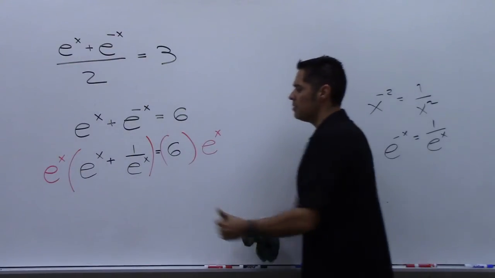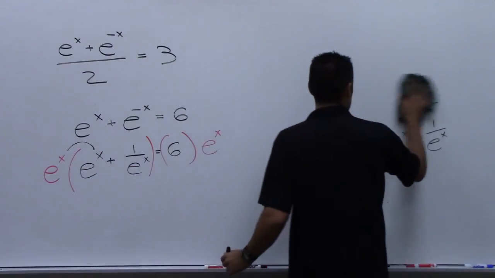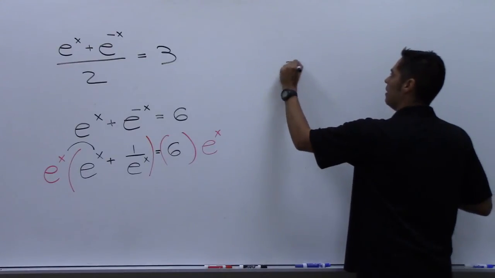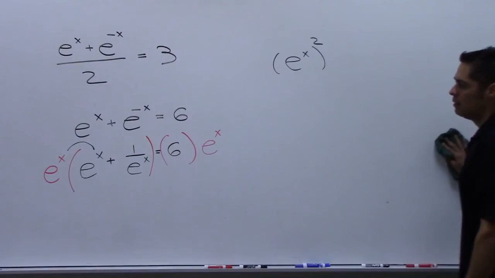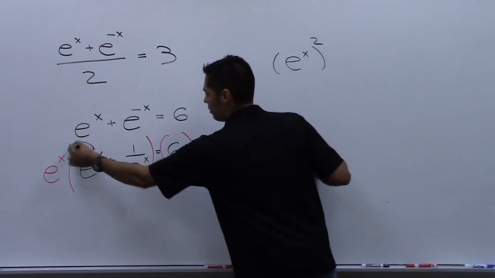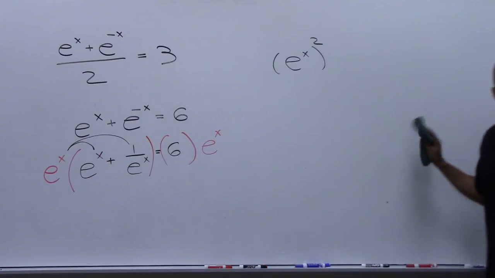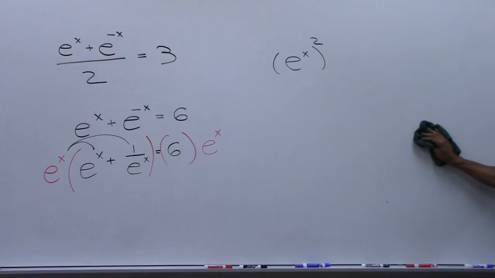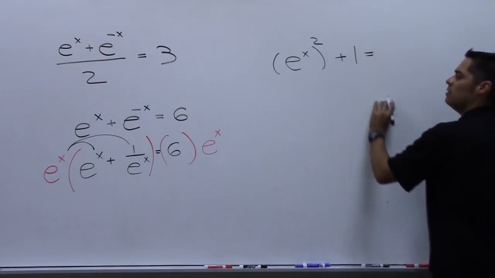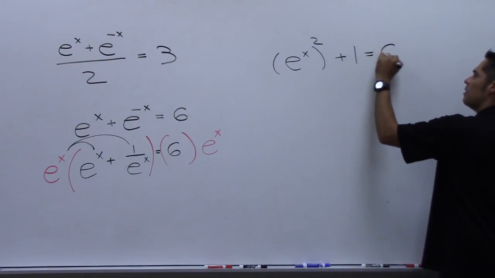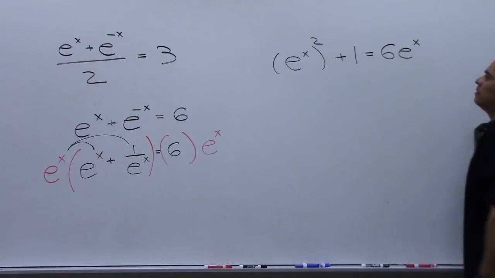What happens when I multiply e to the x times e to the x? I get e to the x squared. E to the x times 1 over e to the x, e to the x over e to the x, which is 1, equals e to the x.